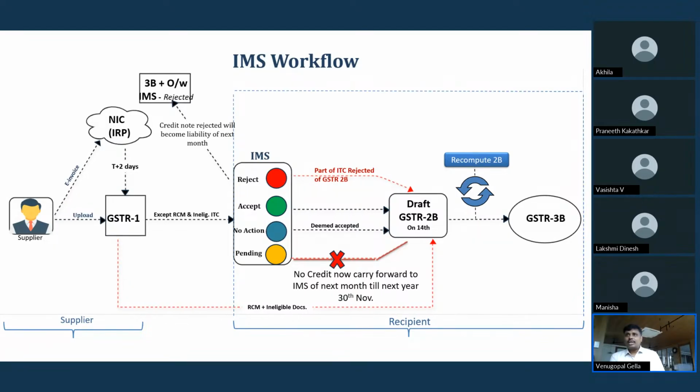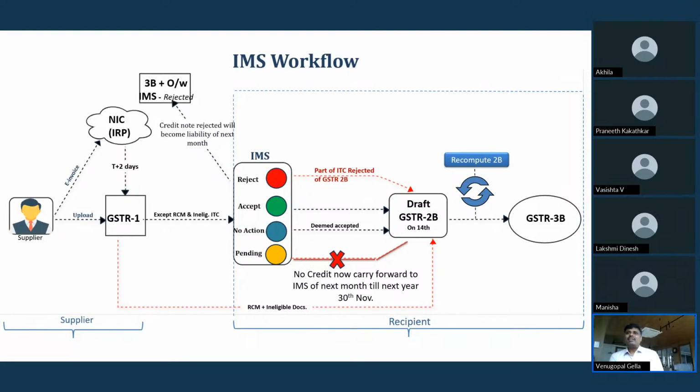So we have looked at four scenarios where the recipient will not be getting the credit. Sometimes it is there in 2B, but in the IMS you have rejected it. Sometimes it is there in IMS because R1 was filed late, it has gone to the next month. So you will need to know that the draft 2B is going to be different from the final 2B.